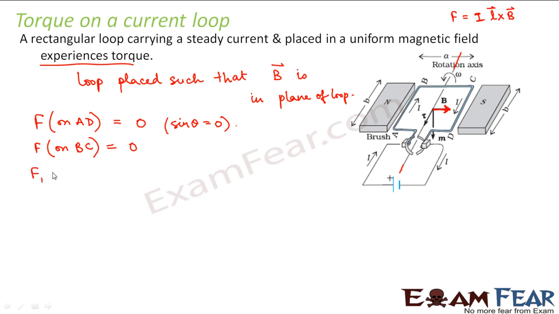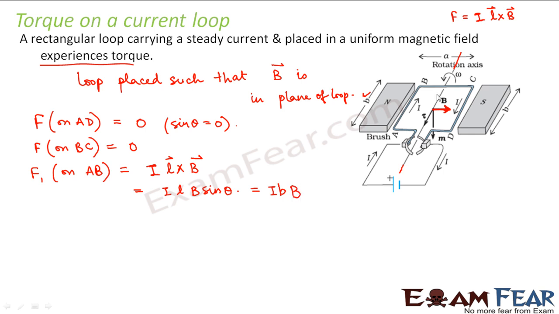Now, what will be the force acting on arm AB? The force acting on AB will be IL cross B, which is equal to ILB sine theta. What is this L? L is the length of one side of this loop, the length of AB, which is given as b. So this is I b B sine theta.